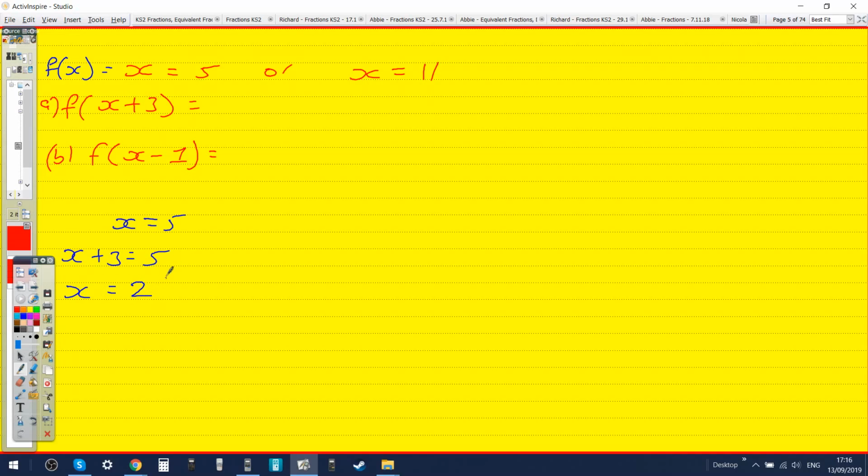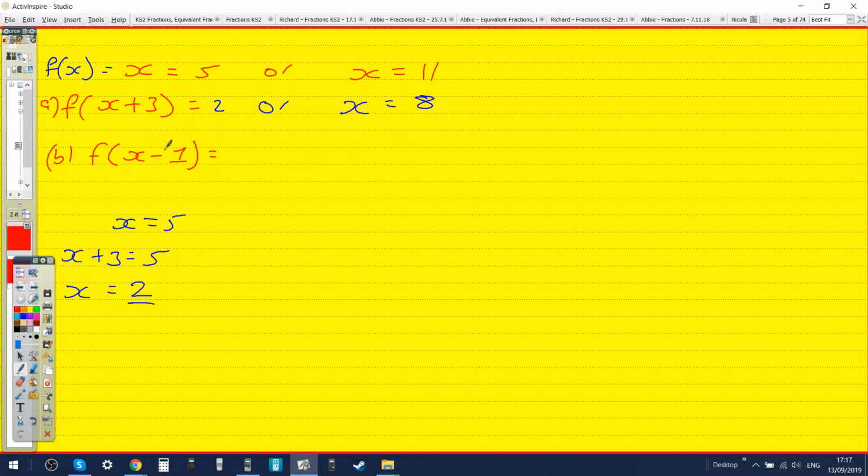We have plus 3, x plus 3. What did that do to the x? It was 5, it became 2. It was minus 3. So x equals 11 will probably just be minus 3 also. So 8, sorry, 8.